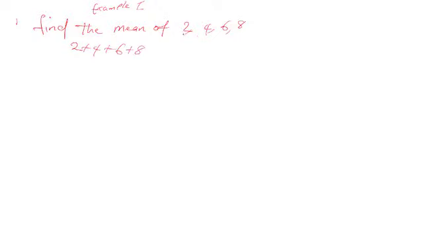How many variables do we have here? 1, 2, 3, 4. Divide by 4. So we now have it as equal to 2 plus 4 is 6. 6 plus 6 is 12. 12 plus 8 is 20. So it's now 20 over 4. So the value of the mean is 5. You can see that the mean might not actually be a member of the numbers. So our mean is equal to 5. All you need to do is to add and divide.